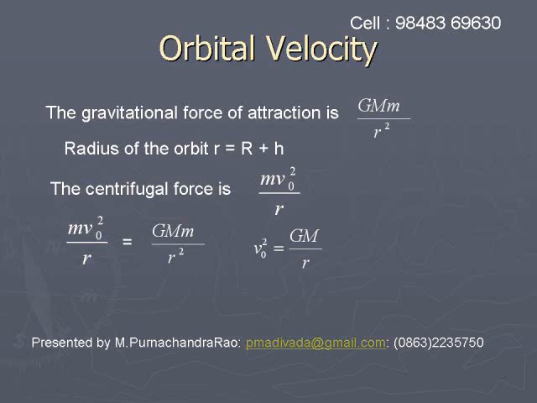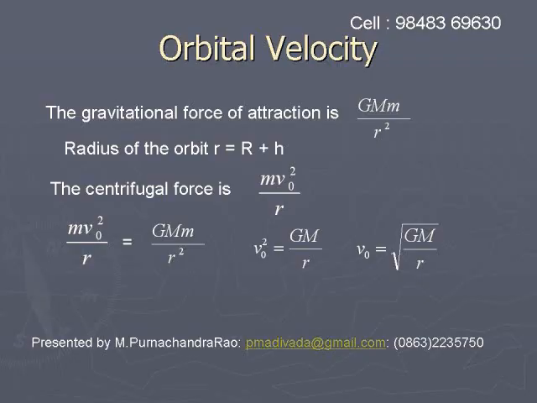Cancelling small m and one small r, we get v0 square is equal to G M by r, or v0 is equal to square root of G M by r. The relation for orbital velocity is v0 is equal to root G M by r.